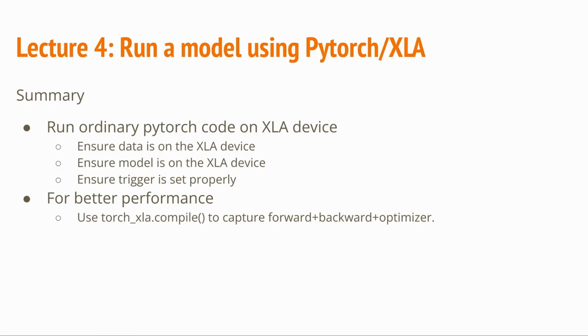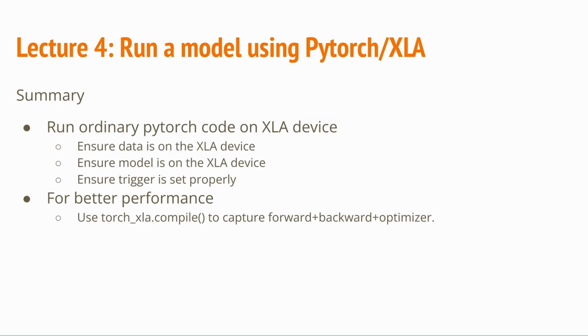Let's go back to the slides for a brief summary. In this lecture, we used a real example to show you how to run ordinary PyTorch code on an XLA device. The 3 key things that we need to ensure are that we first need to ensure the data is on the XLA device. Then we need to ensure the model is on the XLA device.